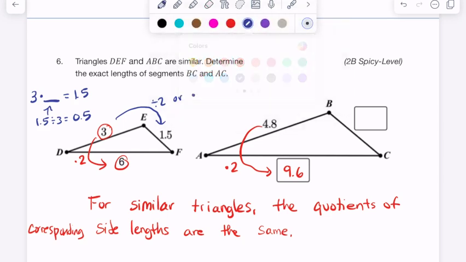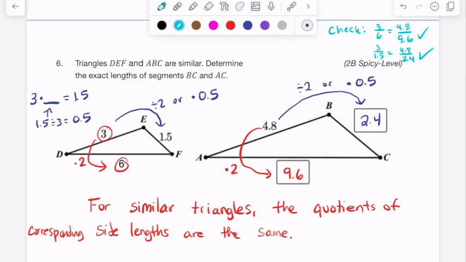So you can do it either way, since multiplying by 1/2 and dividing by 2 are equivalent. So here, I'm going to either do 4.8 and divide by 2, or multiply by 0.5, and that's going to be 2.4. Ultimately, you need to have the same ratio of the side lengths, or the same quotient of the side lengths when you divide them.